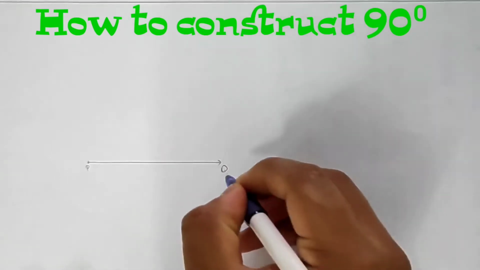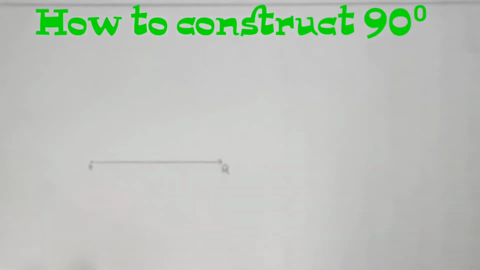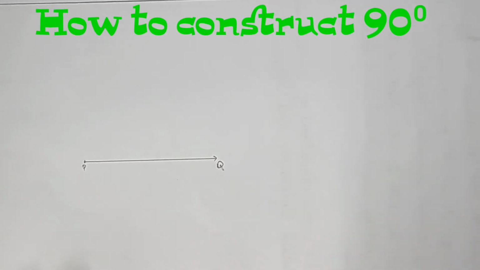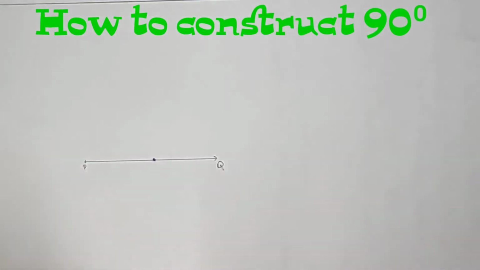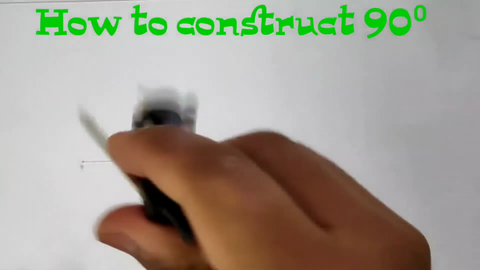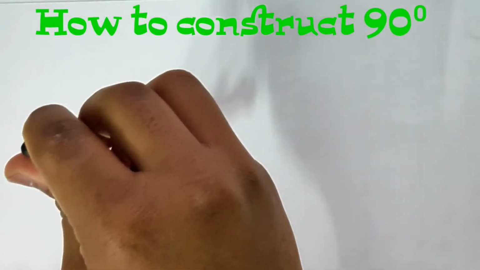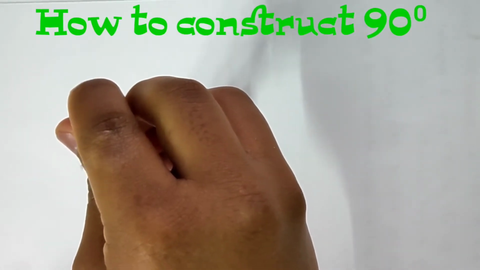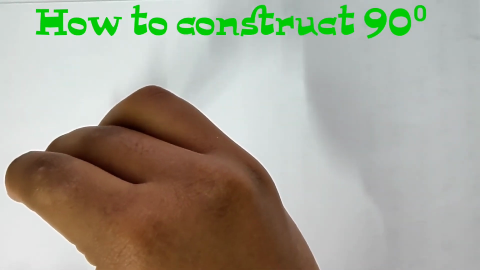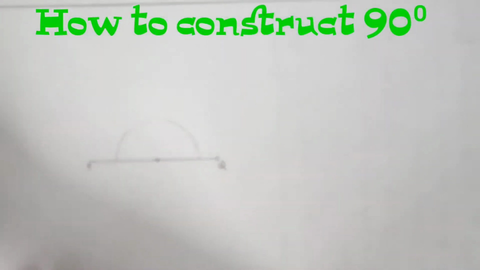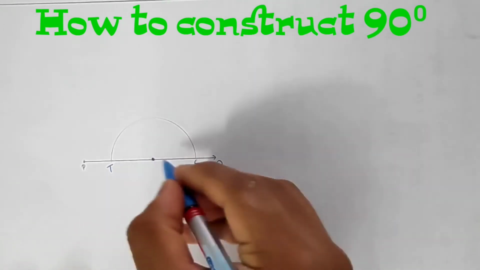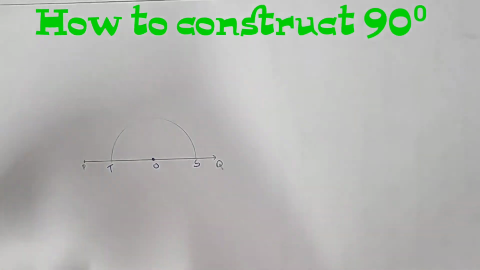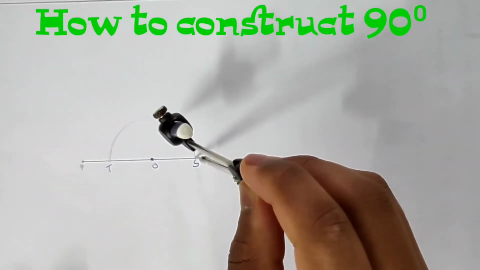Let's name it as P and Q. Let us take any point on the line. Using compass, draw a semicircle. And construct 180 degree. We get 2 points. Let's name as T and S. The center point as O.